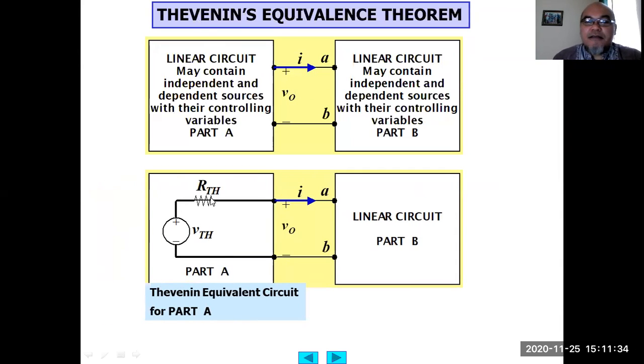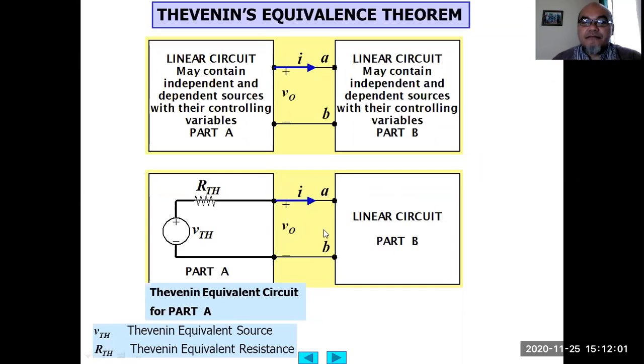The Thevenin equivalent circuit for part A can be drawn as a single independent voltage source in series with a Thevenin equivalent resistance, RTH, supplying V output with the current I towards the linear circuit B, with current I entering the A terminal and going out from the B terminal. VTH here is the Thevenin equivalent source and RTH is the Thevenin equivalent resistance.